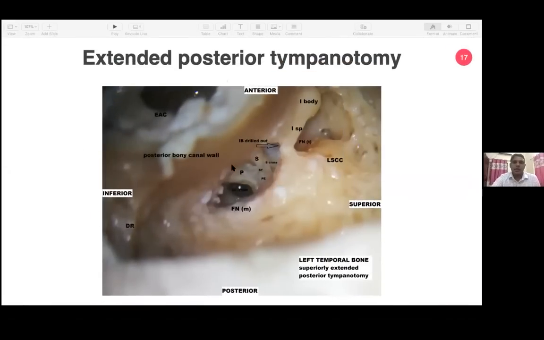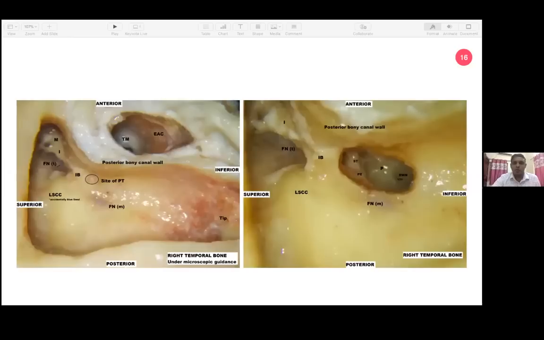Now, this is the left bone. If you do a posterior tympanotomy and you want to extend it either superiorly or inferiorly, in cases of cochlear superior rotation or inferior rotation, you can still extend it. We'll just go back to the previous slide.